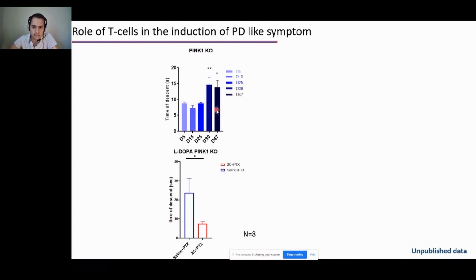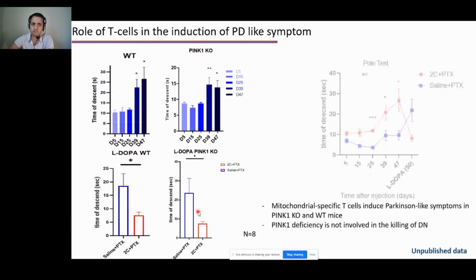What the bull test tells us is that after injection of interferon gamma positive mitochondrial-specific CD8 T cells obtained from 2C mice into BINK-KO mice, we see a significant retardation after day 25 in the mice injected with these mitochondrial-specific T cells. That can be reverted when we administer L-DOPA treatment.